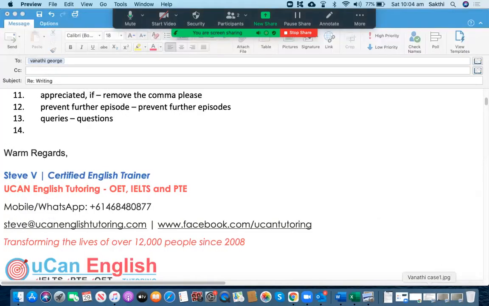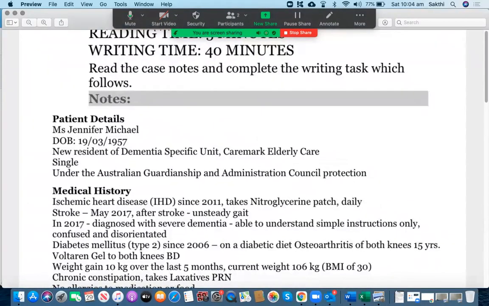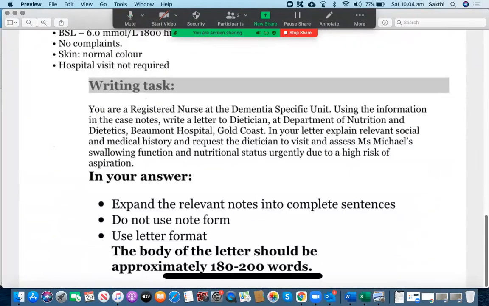Okay, let's go through the case notes now and see if you have included all the relevant case notes. So it is all about, okay, you are a registered nurse at the dementia specific unit. Using the information in the case notes, write a letter to dietitian. Even here they have committed a mistake. Anyway, at Department of Nutrition and Dietetics, Beaumont Hospital, Gold Coast.